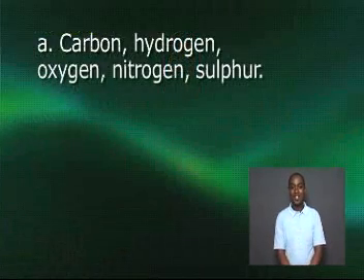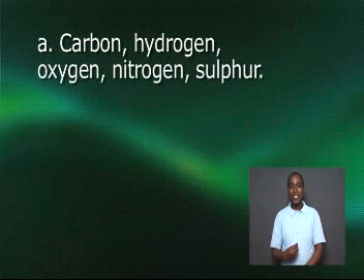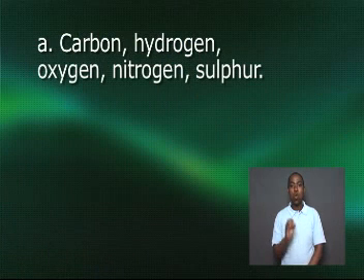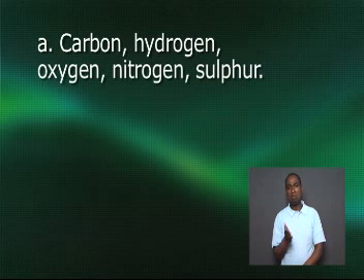Hello, students. That should have been a fairly simple activity. Let us go through your answers. The elements that make up proteins are carbon, hydrogen, oxygen, nitrogen, and sometimes sulfur.